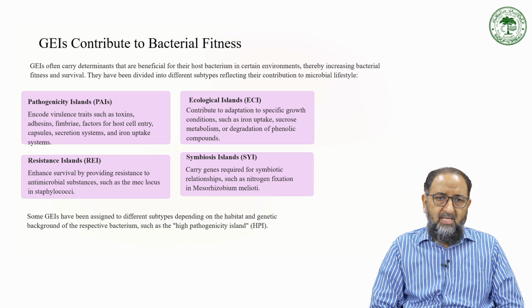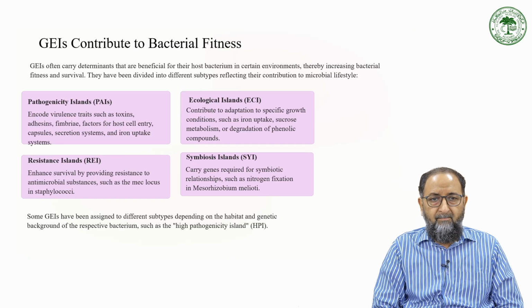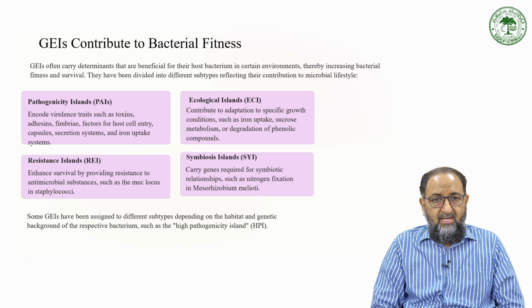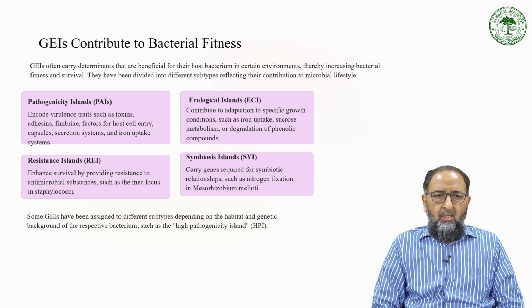So pathogenicity islands, which we call PAI, are basically encoded by virulence genes, such as a toxin, adhesin, fimbriae, some factors for host cell entry, capsule, secretion systems, iron uptake systems, and so on.